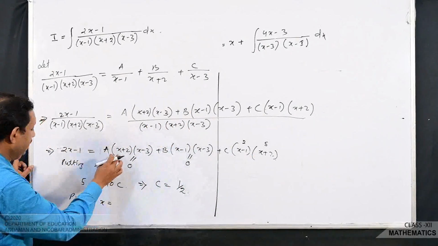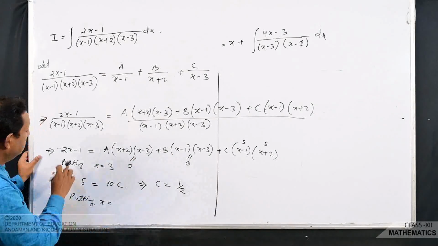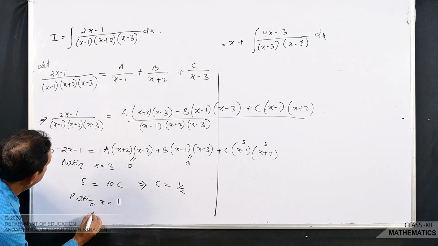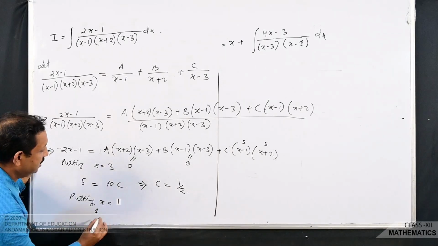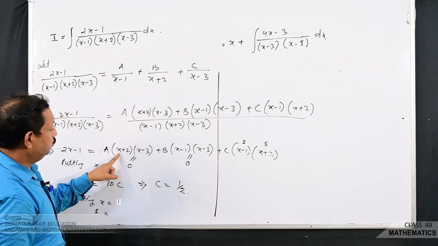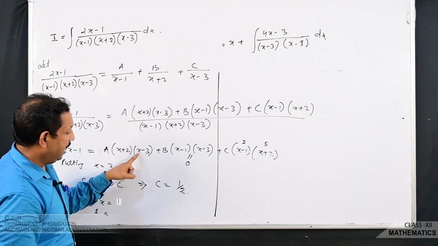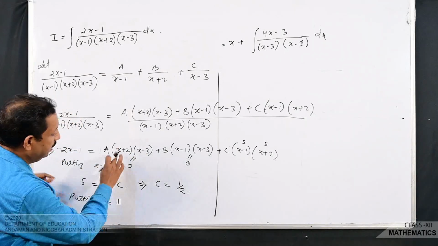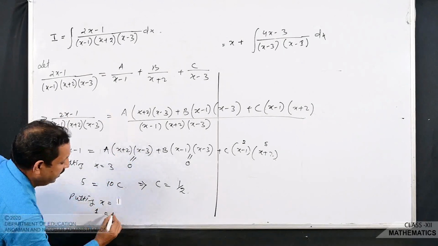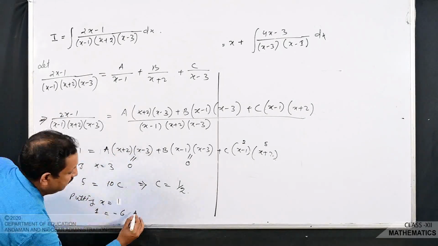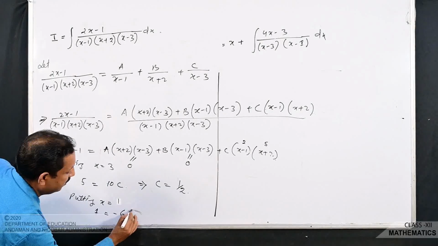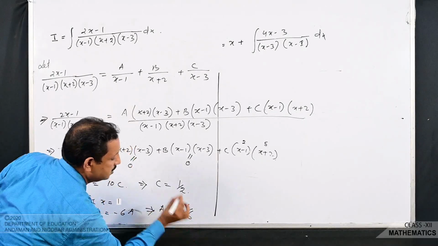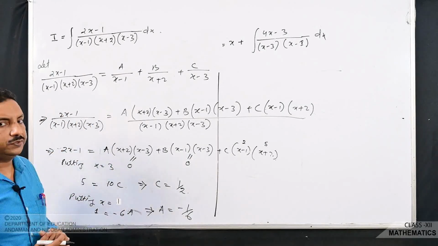So here, putting x equal to 1, 2x minus 1 gives 1 on the left-hand side, and on the right-hand side 2 plus 1 is 3, and 1 minus 3 is minus 2, so 3 times minus 2 is minus 6. So that means minus 6 of A, and that means your A is minus 1 by 6. Very simply you can calculate.